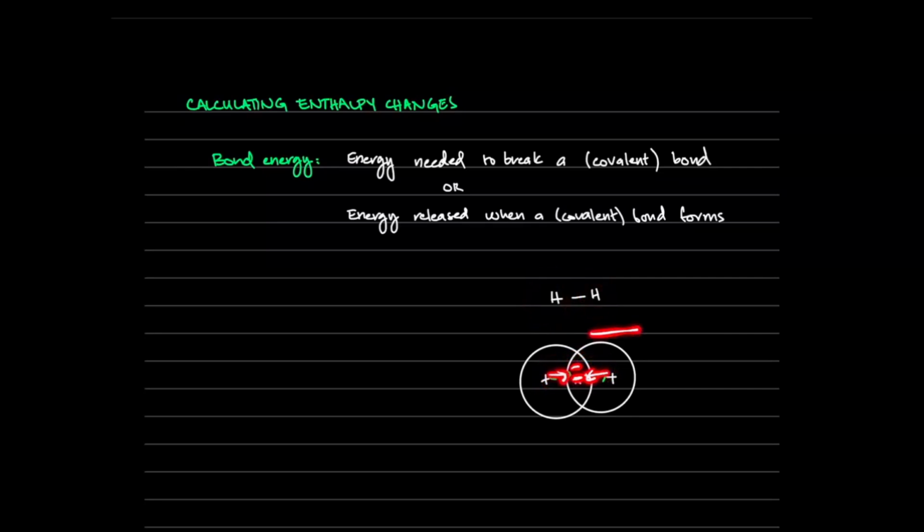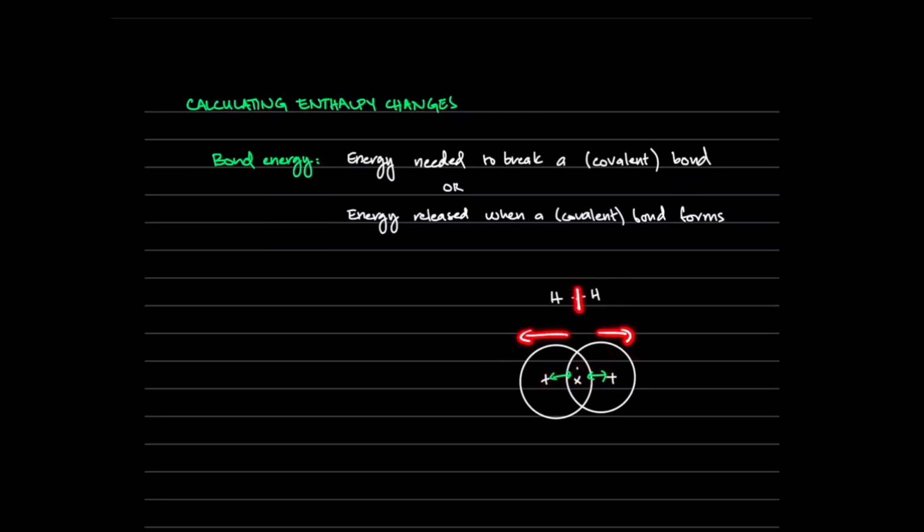So if I want to separate these atoms, would that release energy or would I need to provide energy? I'd have to provide energy, right? Because the nucleus is being attracted by the shared electrons. So in order to separate them, I have to provide some energy. If you want to break the bond and separate the two atoms, you have to provide energy. That means that it's endothermic.